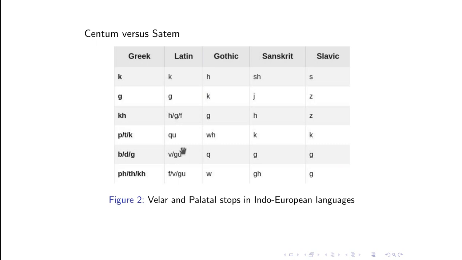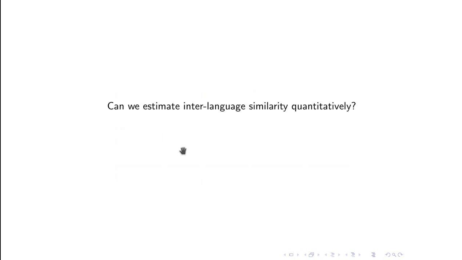Anyways, the whole point of this discussion is we wanted to understand sound correspondences, and the notion of establishing genetic relationships among languages. So now, is there a way to do all of this using algorithms and quantitative methods? This is again an area which has seen a lot of research in the last 10-20 years.